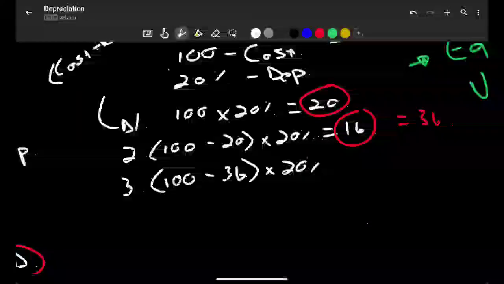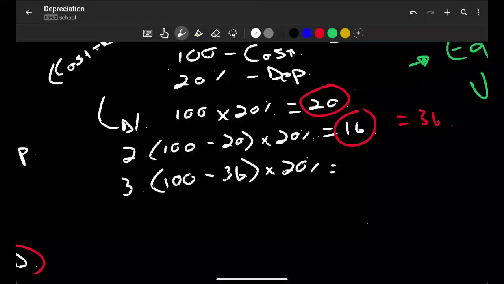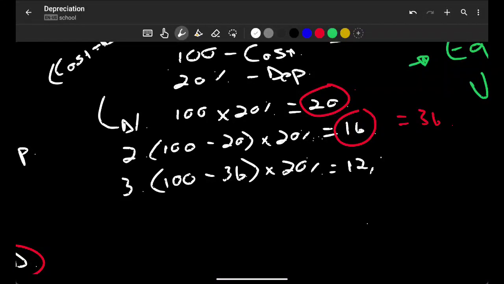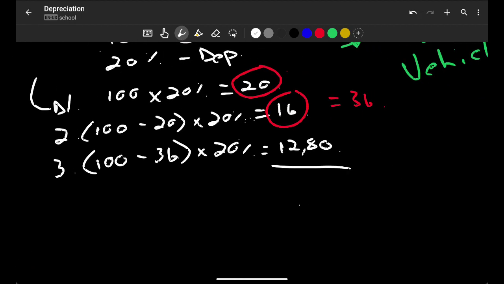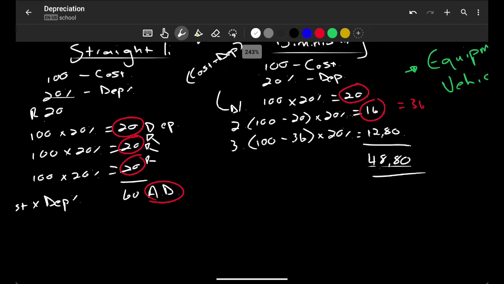So that will give us 64 multiplied by 20%, which is 12.8, 12 rand 80 cents. What is the accumulated depreciation at the end of year 3? 20 plus 16 is 36, plus 12.80 is 48.80.